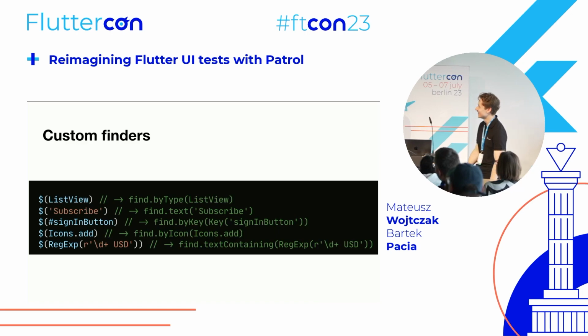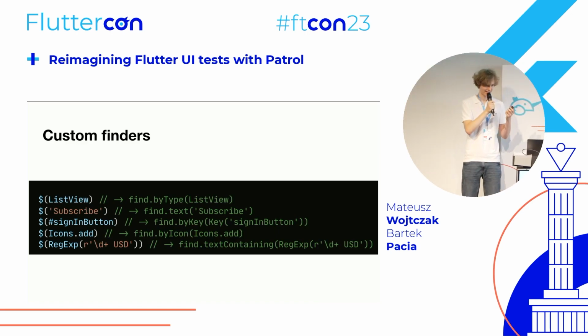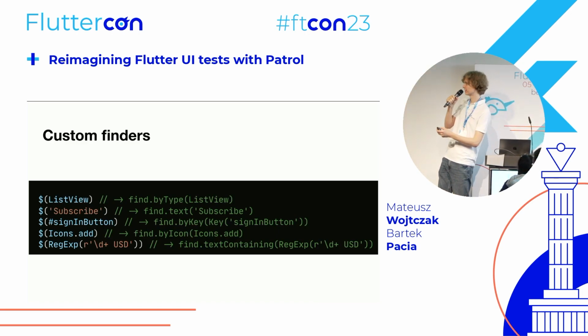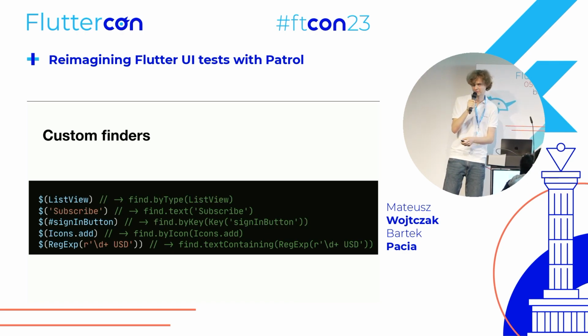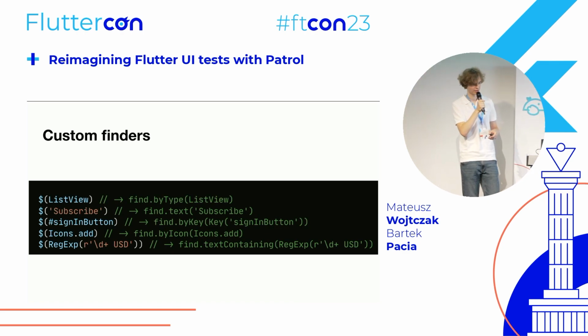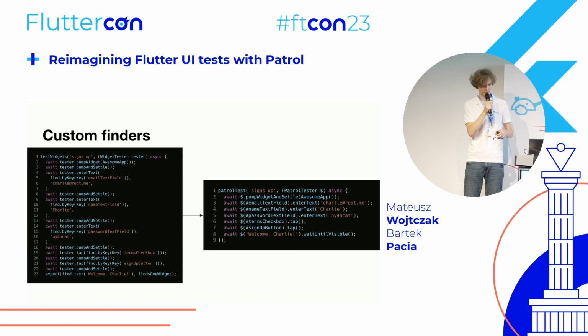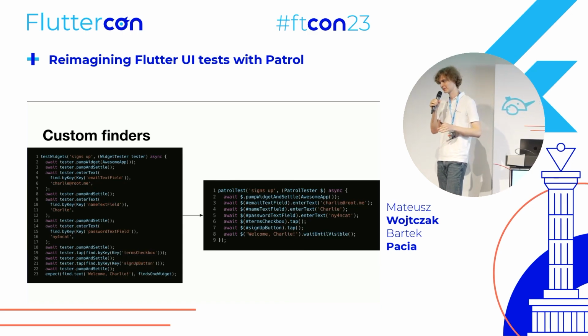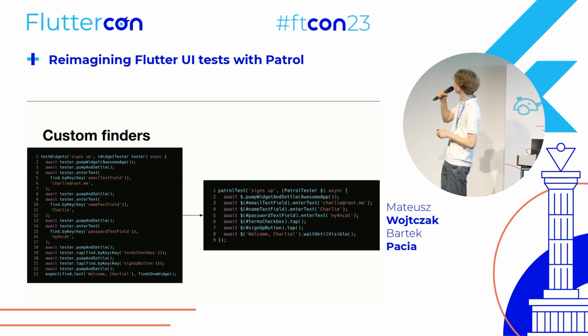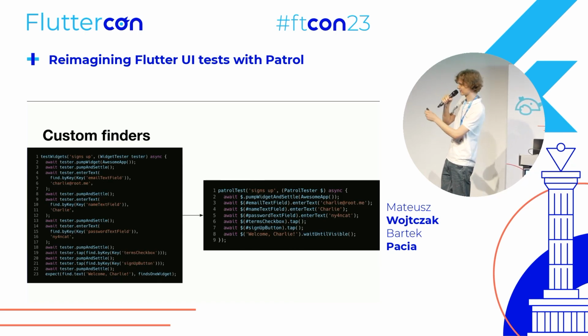Yeah. And apart from how much shorter our custom finders are, they also have better behavior out of the box. So let's talk about that now. But before that, let's compare how much shorter and easier to read our custom finders are. On the left, that's the same test.